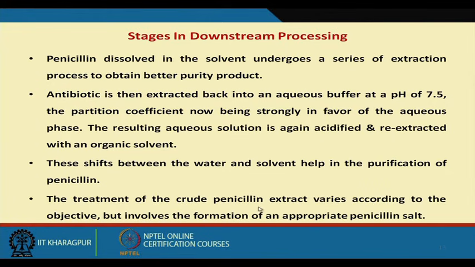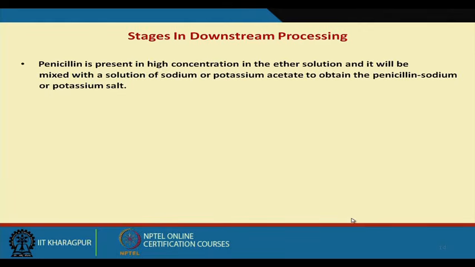The treatment of the crude penicillin extract varies according to the objective, but involves the formation of an appropriate penicillin salt. The penicillin present in high concentration in the ether solution is mixed with a solution of potassium or sodium acetate to obtain the potassium or sodium salt of penicillin. So we can produce penicillin sodium or potassium salt.